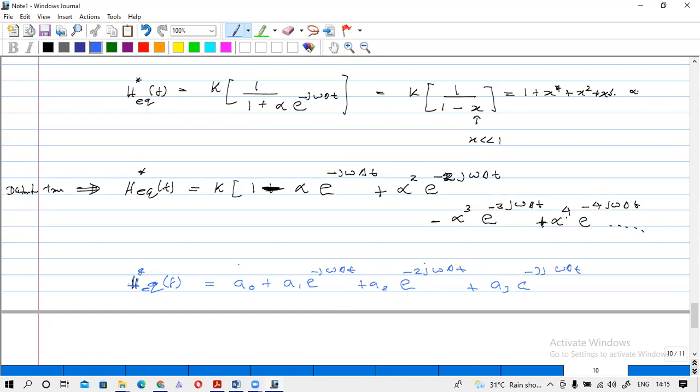So a naught is equal to this, a1 is equal to this, and a2 is equal to this.